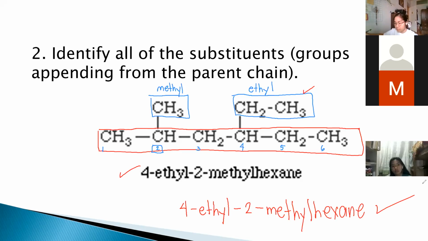Question? Oras na. It's 11:36. Yes, I still have time. I'll give you an example na sa mga quiz po, given na ang condensed. I'll give you the condensed formula. You give me the name. So let's have an example kung paano ko siya ibibigay sa quiz. Wait lang.